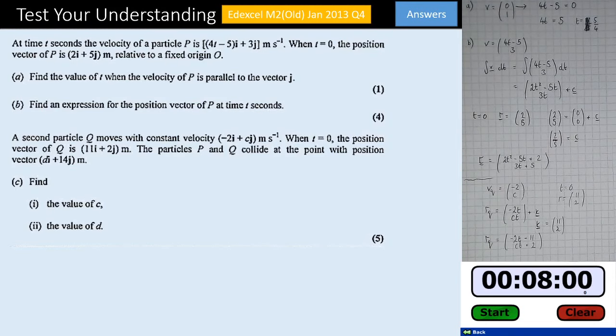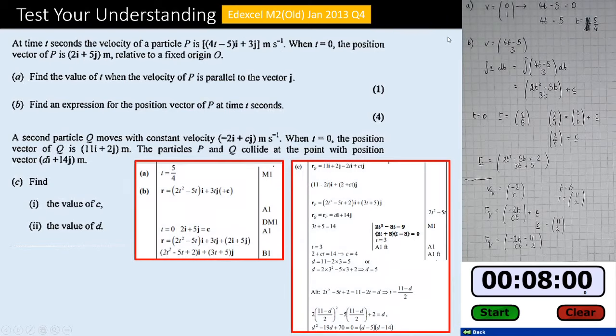Because we know that as well as those two position vectors being equal to one another, they will also be equal to the position vector D14. And so we'll then be able to mix and match things up to be able to get all the things that we want.